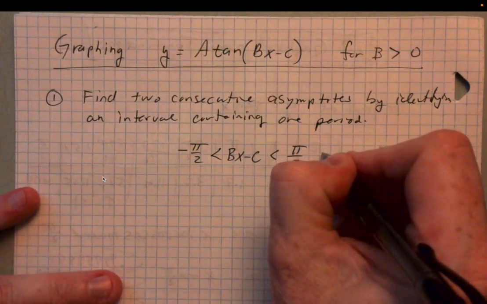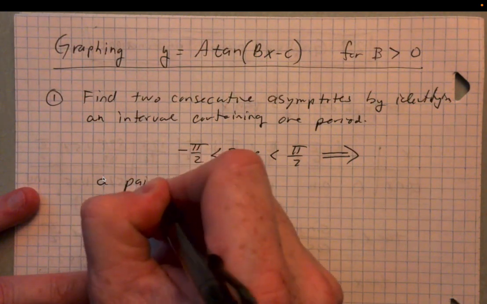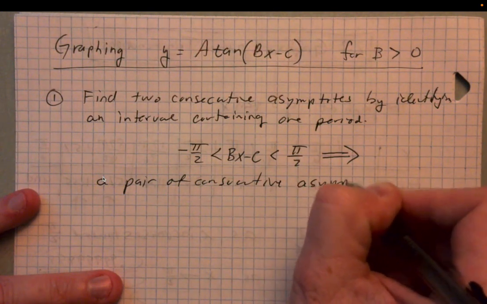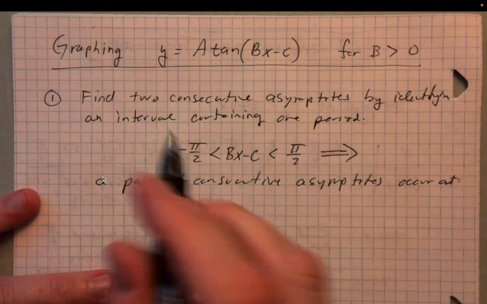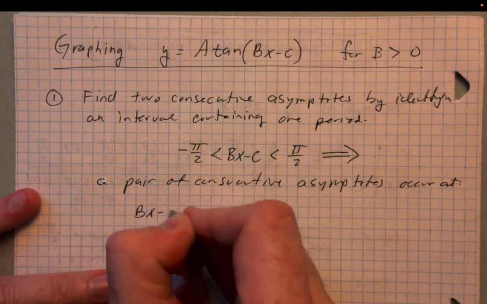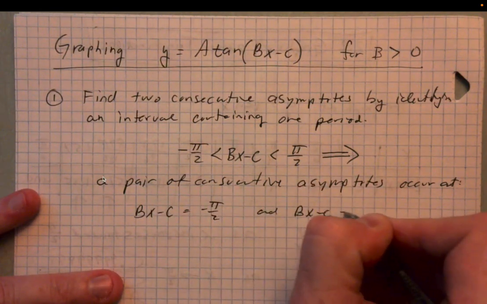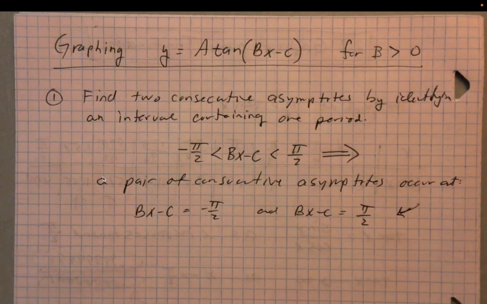So in this case, we would say that a pair of consecutive asymptotes occur at bx minus c equals negative pi over 2 and bx minus c equals positive pi over 2. We'll get into practically how this works when we get some real numbers in here, but you'll see this is a very straightforward process once you do an example or two.